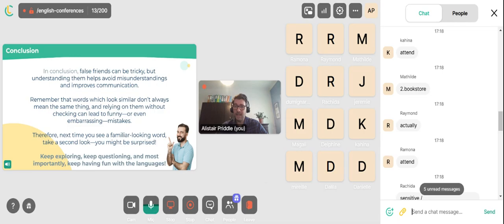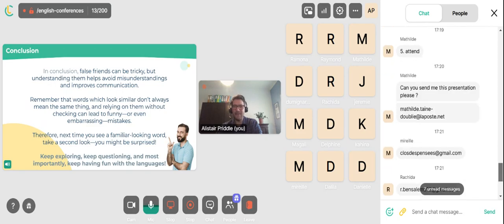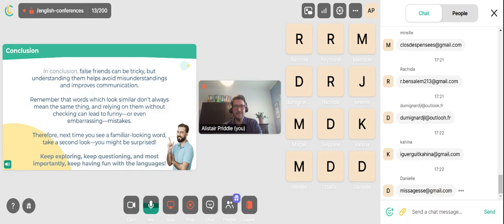Therefore, next time you see a familiar looking word, take a second look. You might be surprised. And of course, our words, keep exploring, keep questioning, and most importantly, keep having fun with languages.